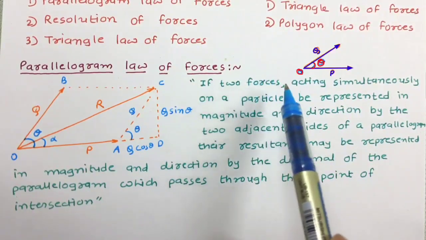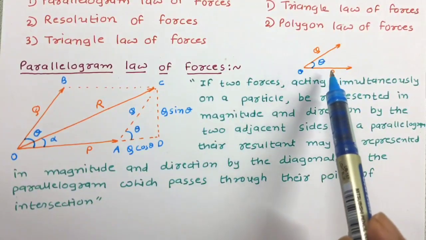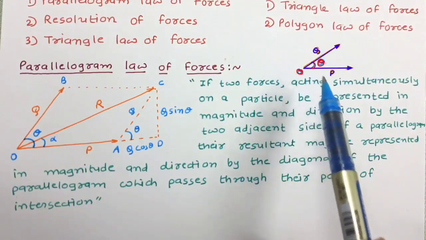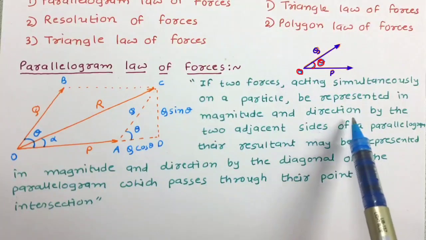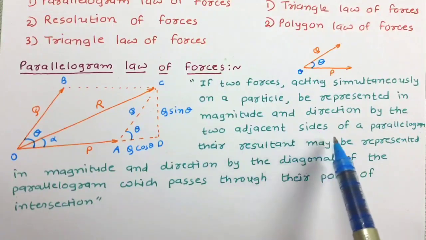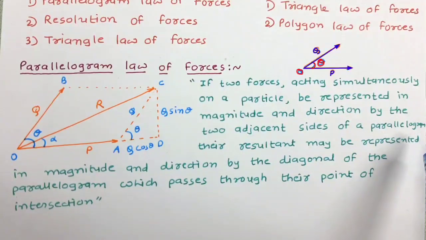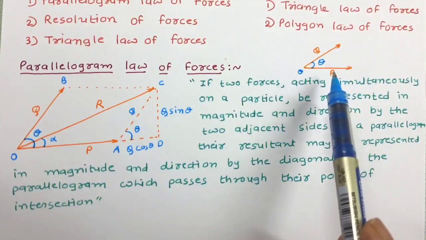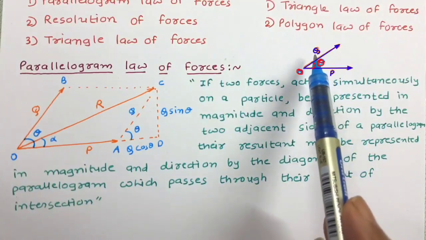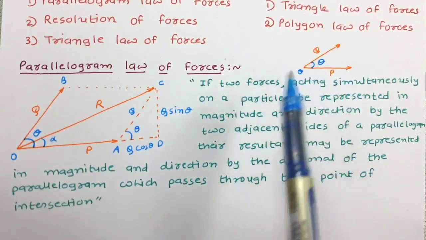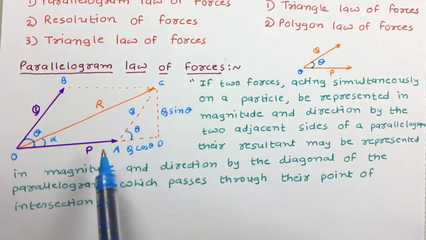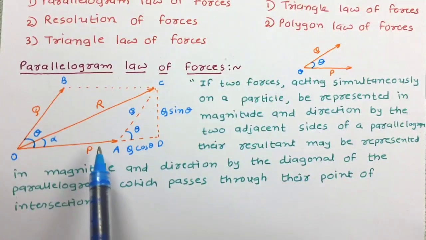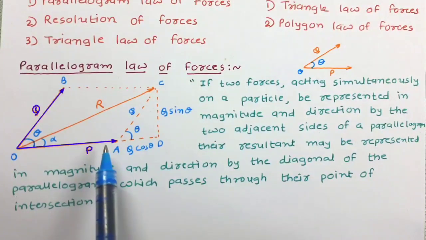So if two forces acting simultaneously on a particle are represented in magnitude and direction by the two adjacent sides of a parallelogram, meaning if these two forces P and Q are represented by two adjacent sides of a parallelogram, we know a parallelogram is a geometrical figure in which the opposite sides are equal and parallel.